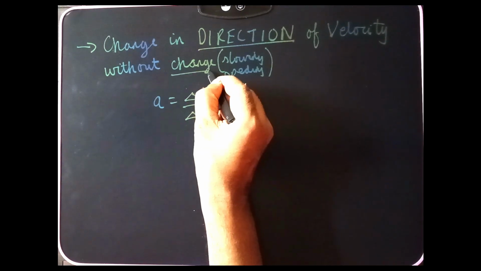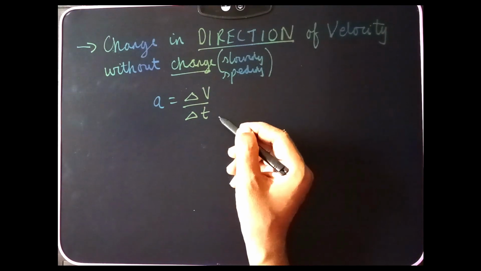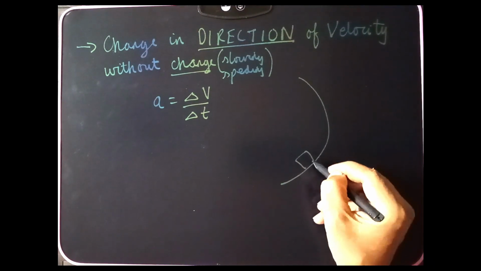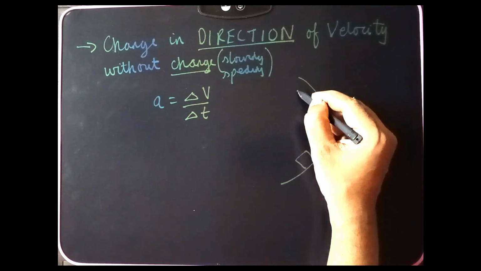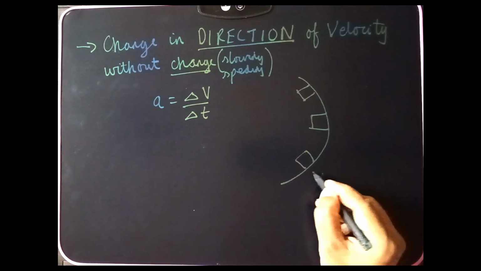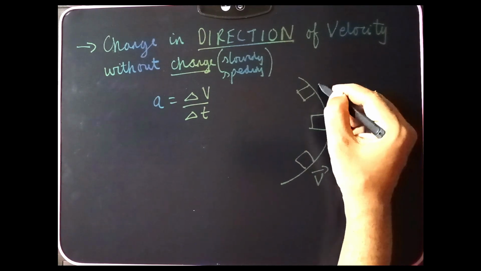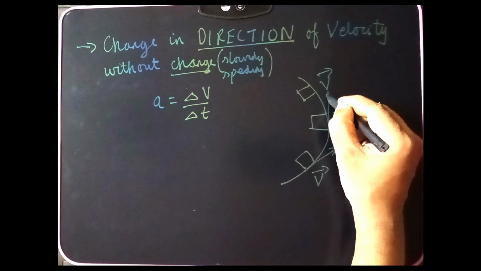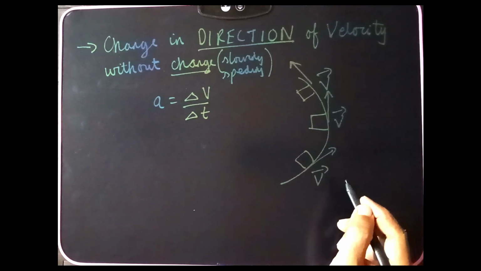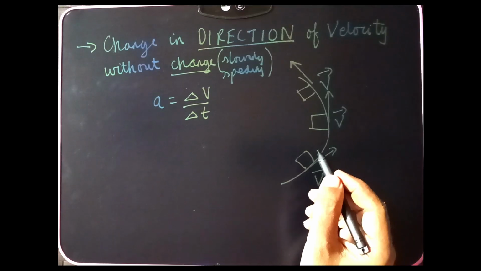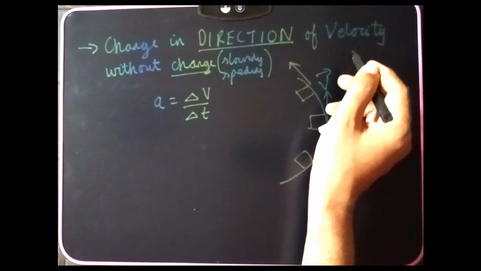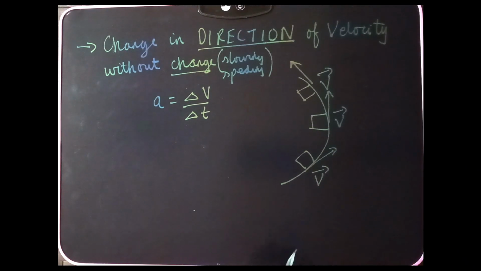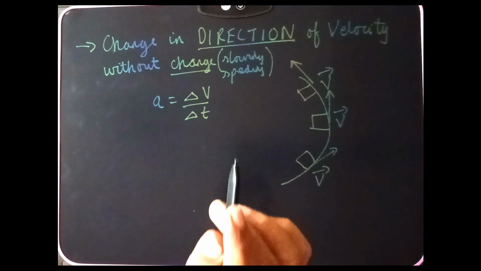Here there is no speeding up nor slowing down, so the magnitude of velocity is constant, but the direction has changed. So even when there is a change in direction of the velocity without change in the magnitude of the velocity, acceleration is still there. Acceleration is defined.